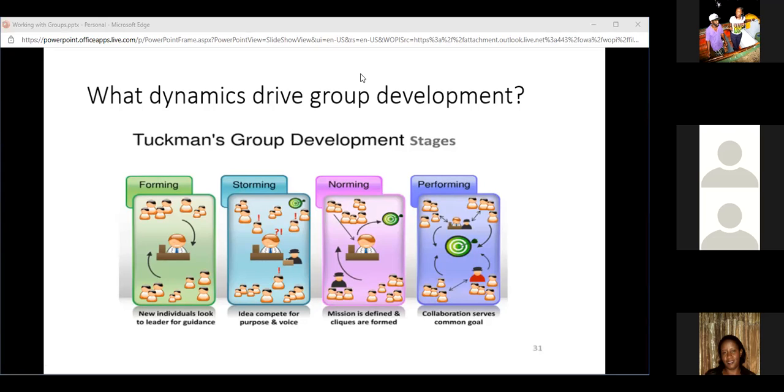And when you go through the different stages of the dynamics, one of the things that is important to understand, and perhaps one of the things that a lot of us, when we form groups, take for granted, is the fact that when a group is newly established, it will not perform at its maximum at the beginning.